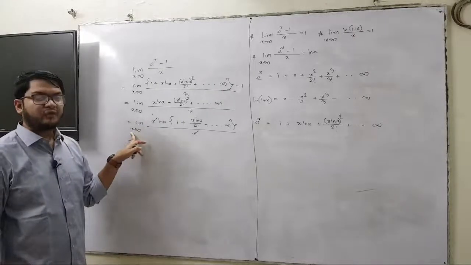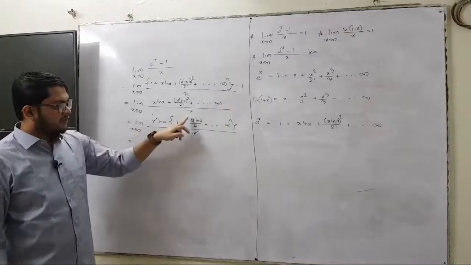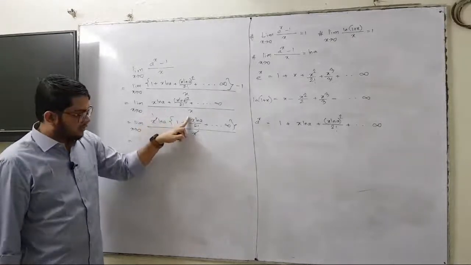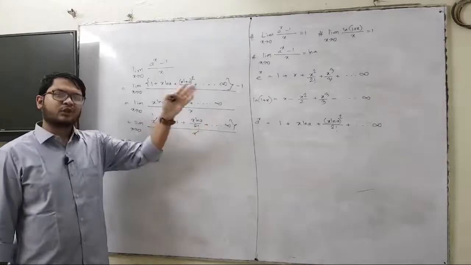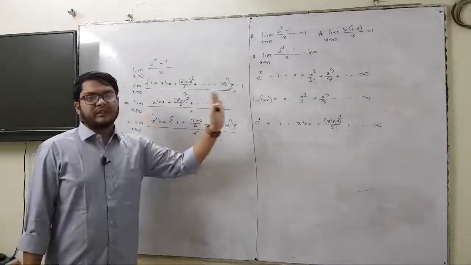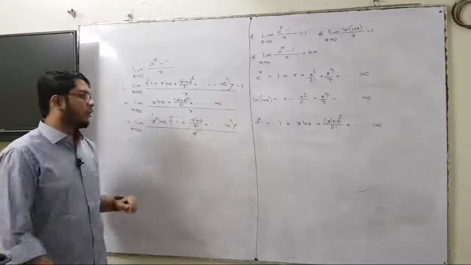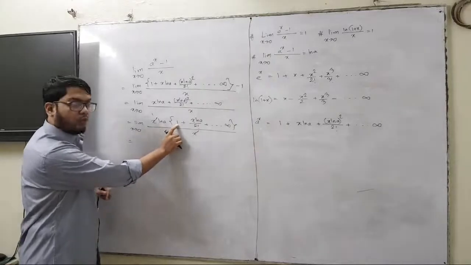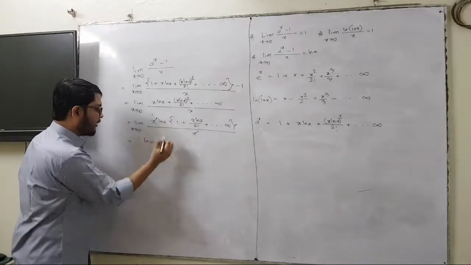If you now put the value of x here, then this term becomes 0. So x ln a is also 0. 0 times something is 0. The next term, (x ln a) whole square by 3 factorial, will also become 0. All the upcoming terms will become 0 other than this one. So ln a will be multiplied with 1, and the answer will be ln a.